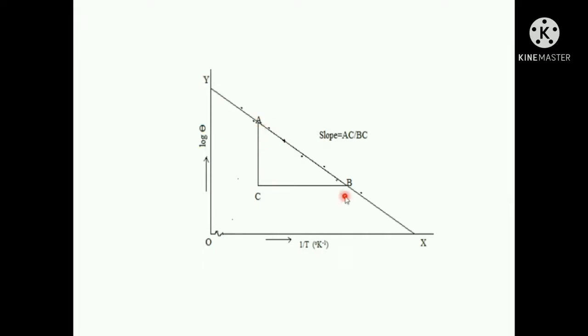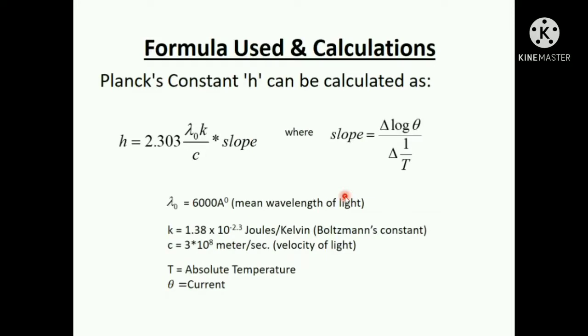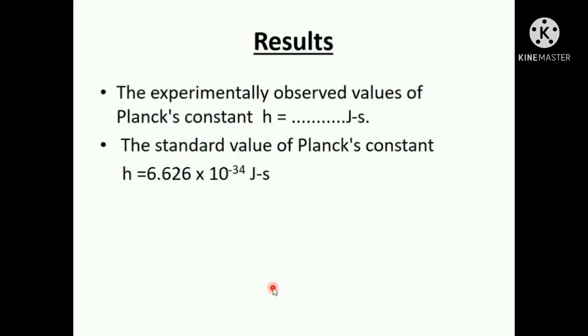We calculate this slope from the graph, and it is used to calculate h finally. This is our formula, h is this into the slope. The slope we have already calculated, so we can find h from here. So we can report our result for the Planck constant. The standard value of Planck's constant is 6.626 × 10^-34 joule second.